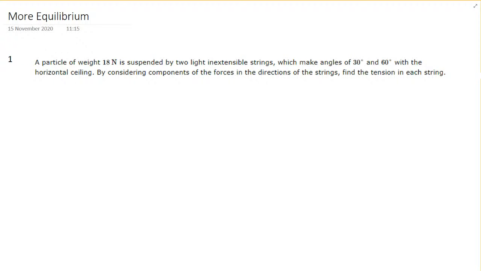Just to let you know, we've got 5 minutes to do this first problem. We're doing equilibrium problems. This one you'll do with a bit of resolving.